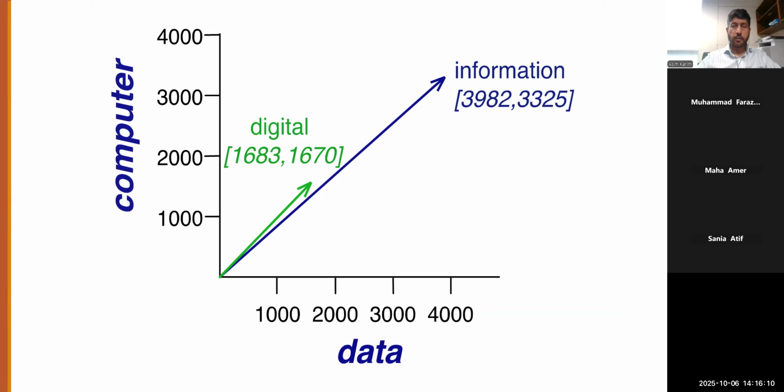This is actually showing the plot of two words, digital and information, with two features only.